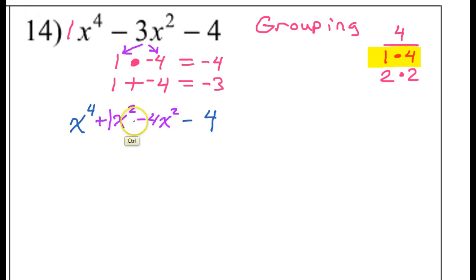I almost put x by accident, but this is x squared, so when I split it apart, it will still be x squared. So there's my 1, and there's my negative 4.